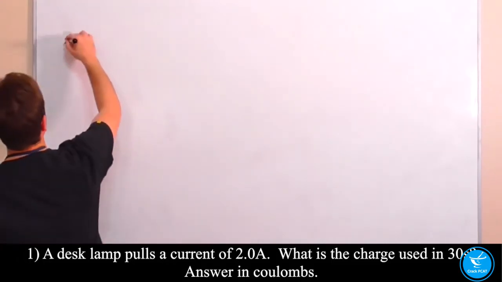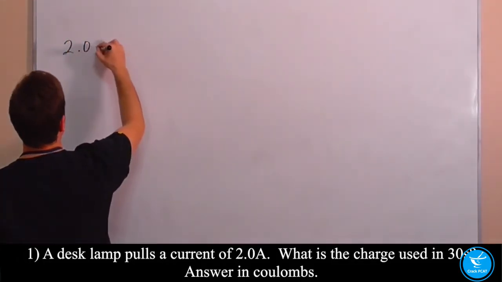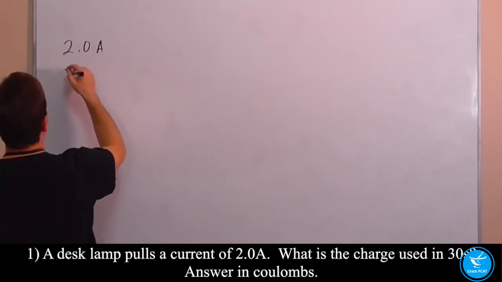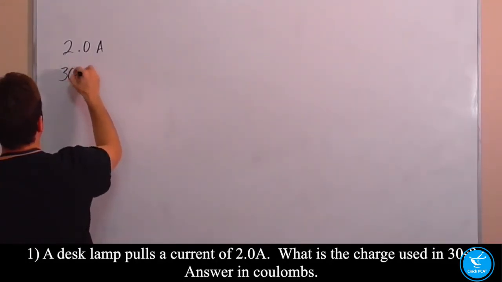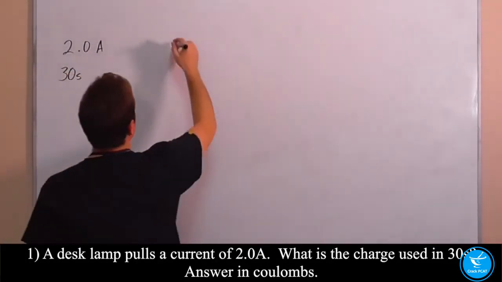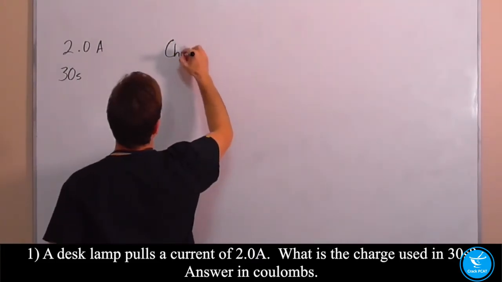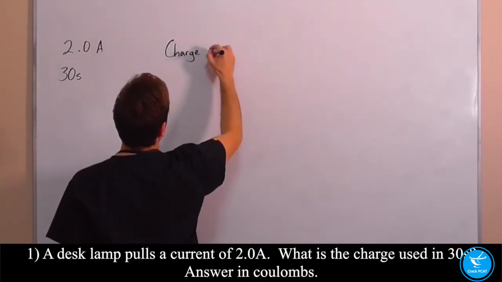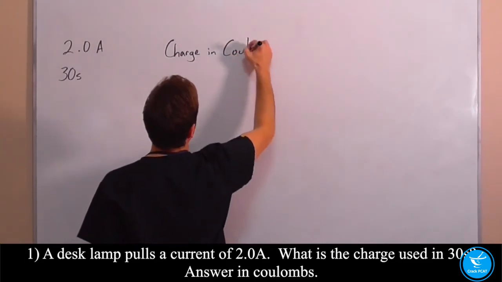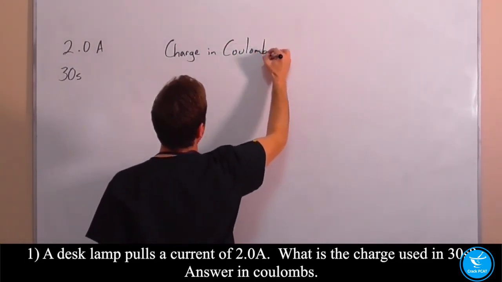First of all, we have current, and it's 2.0 amps or amperes, and then we're looking at a time of 30 seconds. Now, in order to solve for the charge in coulombs, it's quite simple.